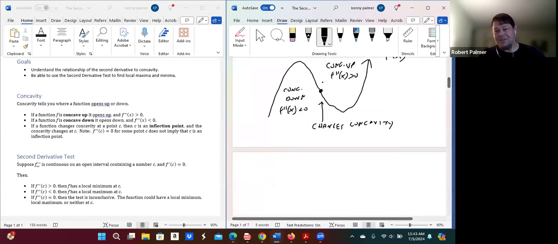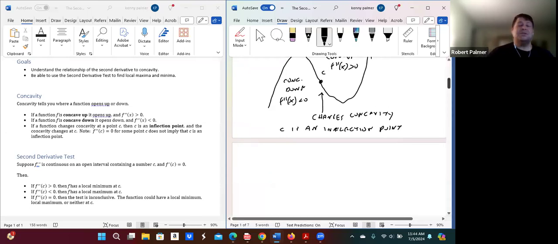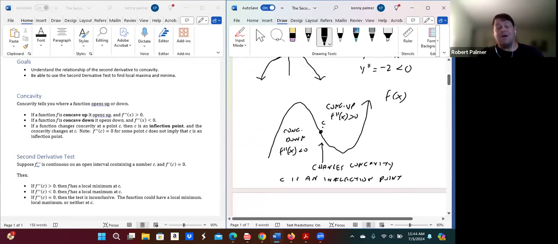Let's call this point c. We say c is an inflection point. That's where the function changes concavity. In this case, it changes from concave down to concave up. It can also go the other way, from concave up to concave down. It's the place where the function changes concavity.